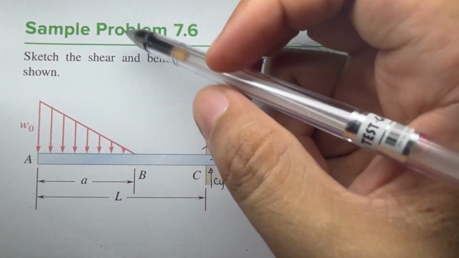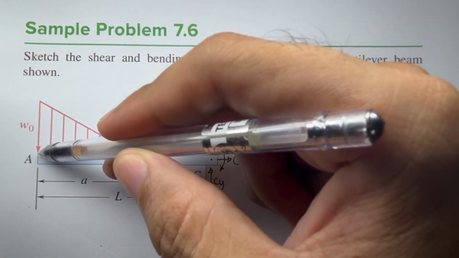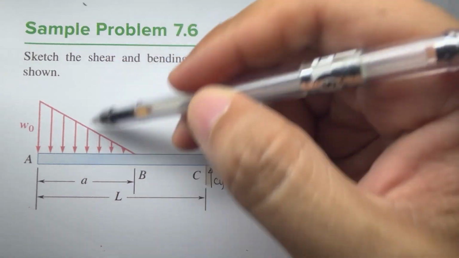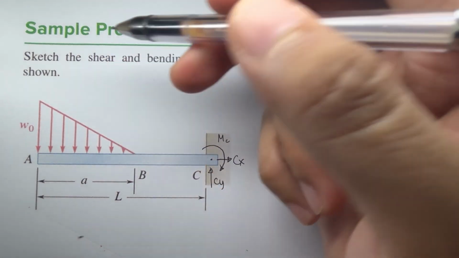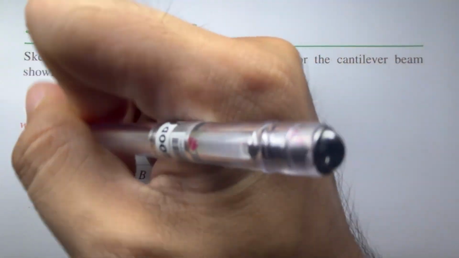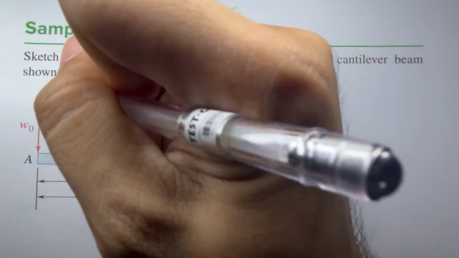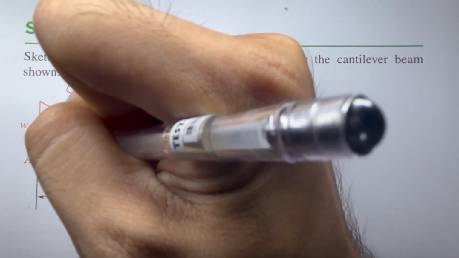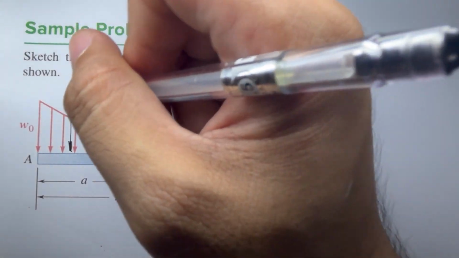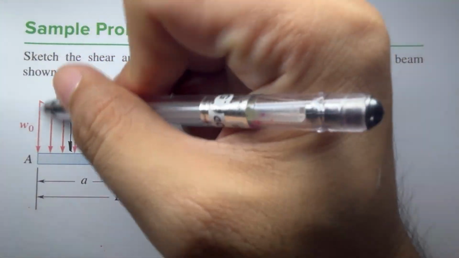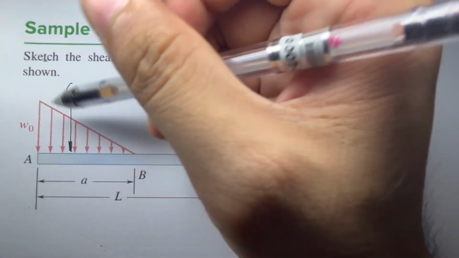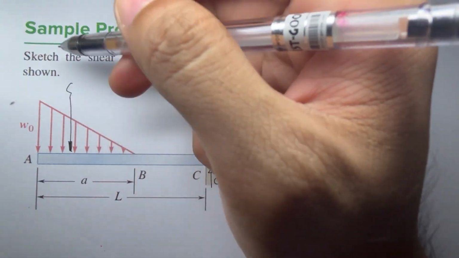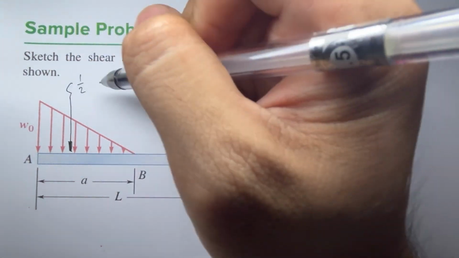distributed load from points A to B, we can replace by a concentrated load applied along the centroid. So we can replace this distributed load in the shape of a triangle by a concentrated load. The magnitude of the concentrated load that will replace this distributed load is just the area of the distributed load. Since this is in the shape of a triangle, its area is 1/2 base times height.